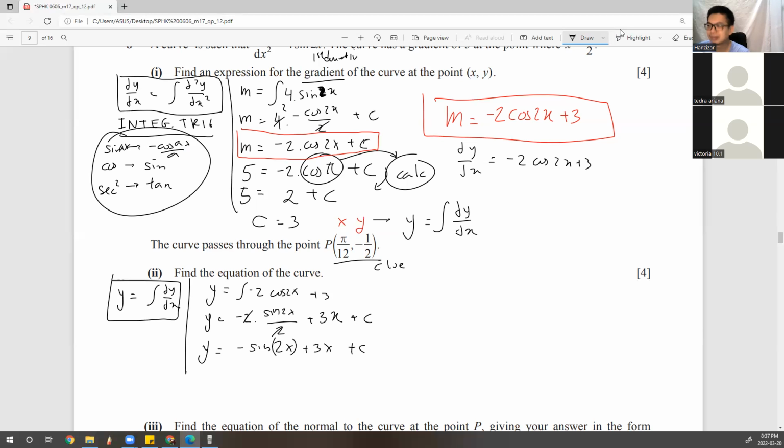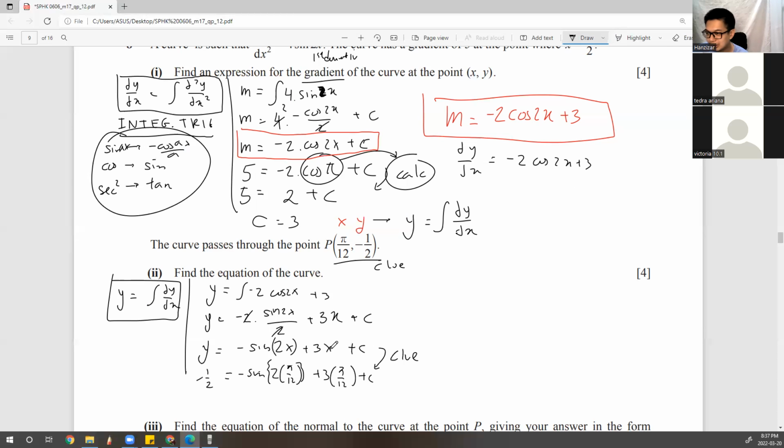Okay, close this because we tend to not close the bracket. And we have the clue. Okay, write down negative half equals. So in putting the clue, negative sine 2 times pi over 12, close the bracket like this, plus 3 times pi over 12 plus c.